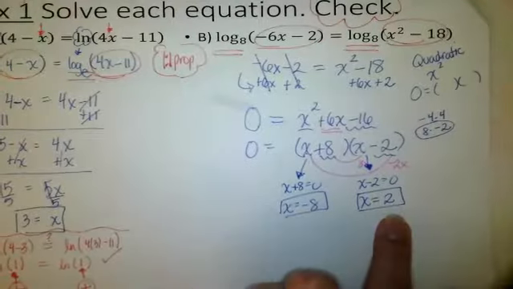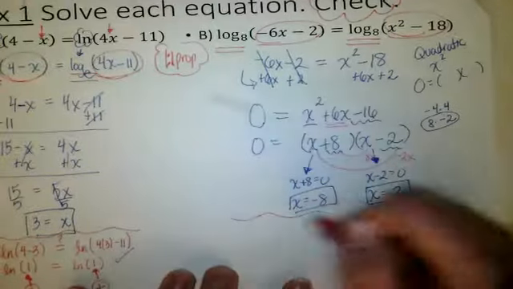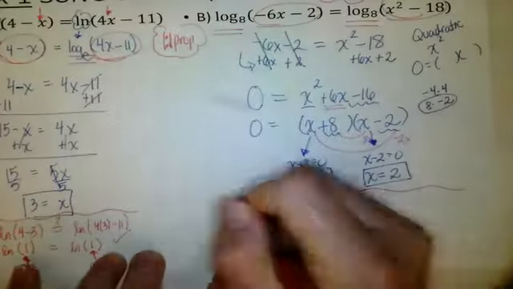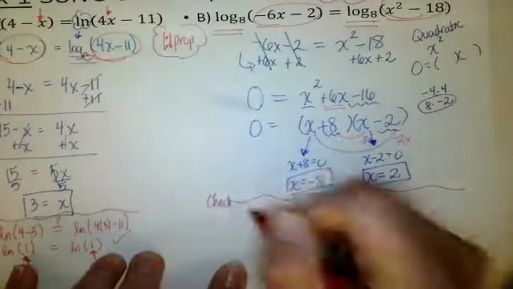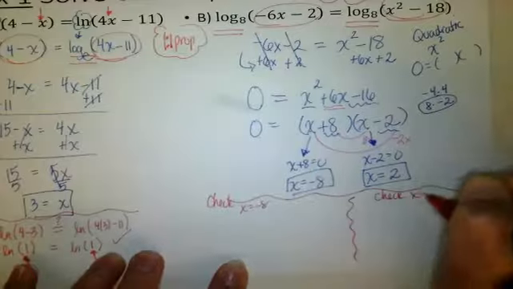Or only 2 works. Or it's possible that neither answer works. So please make sure that you check your answers. So you need to check both answers. So we need to check x equals negative 8, and we need to check x equals 2.